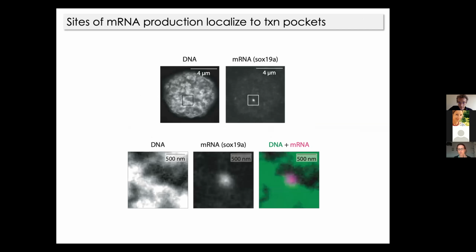But if we look at a specific transcript, like for example here, SOX19A, you can see that the transcripts of this gene very nicely reside. They're cradled in one of the corners of this transcription pocket. And so this makes us think that these transcription pockets are made up of a series of clusters of specific RNA, SOX19A here, and gene X there, and gene Y here. So this is something that we find very interesting, but that we haven't really been able to investigate much further yet.